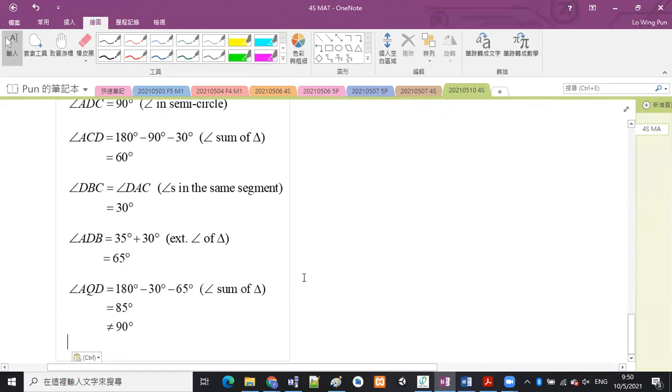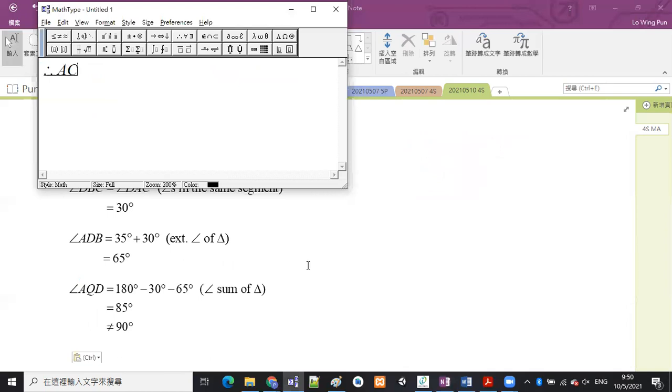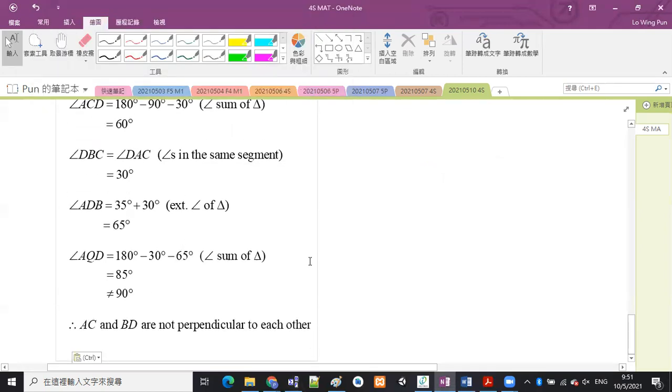Therefore, AC and BD are not perpendicular to each other.